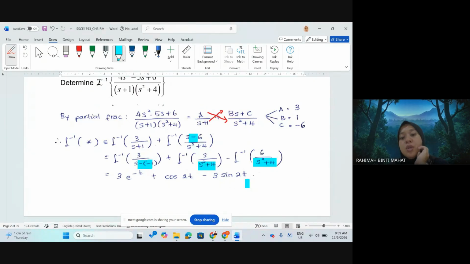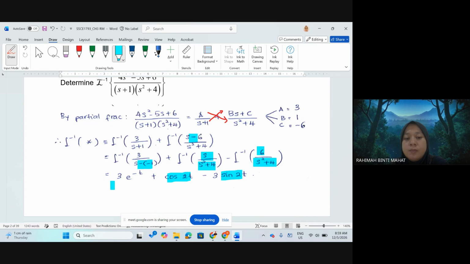Okay, so you can get this term is cos, and the next term is sine 2t. Why is this one cos? Because there is the value of s here. You can refer to the elementary Laplace table. If s, that is cos, and this is constant, so for the constant, it is sine here.